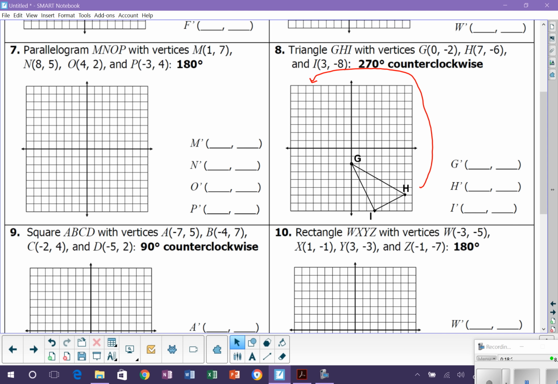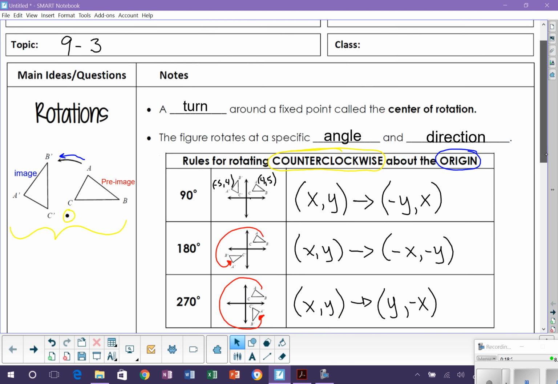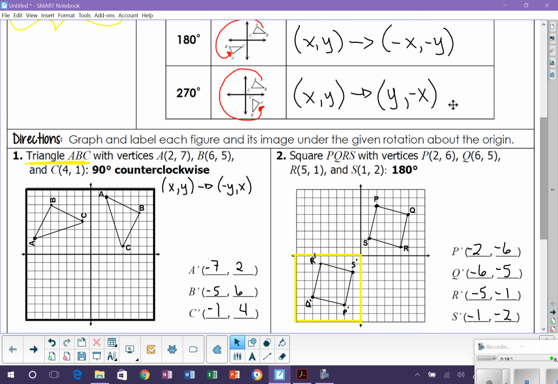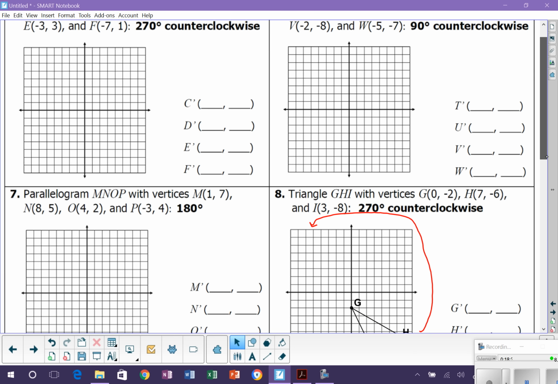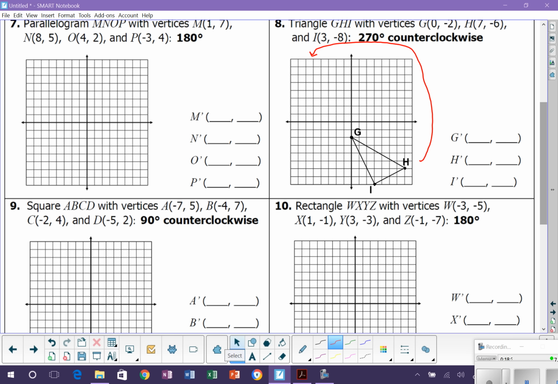So if we go back, 270 is this formula right there. So we're still doing x comma y. And then what? y comma negative x.